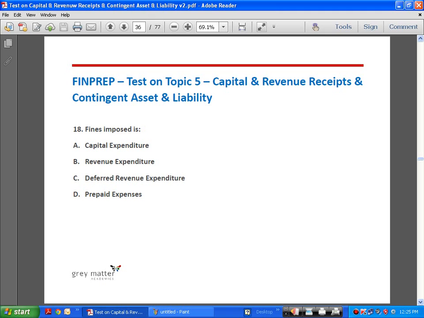Fines imposed is revenue expenditure, so it cannot qualify as a capital expenditure because it is not increasing the earning capacity of an asset, nor is it related to purchase of a fixed asset. So fines imposed is revenue expenditure.